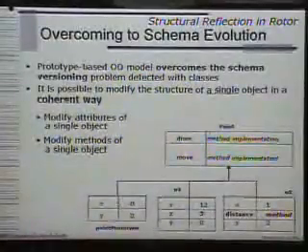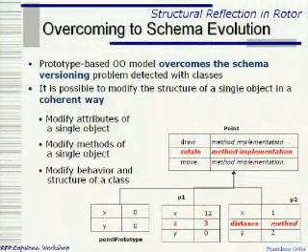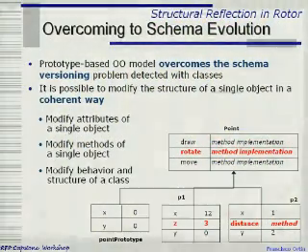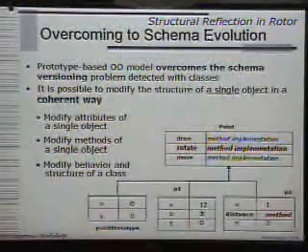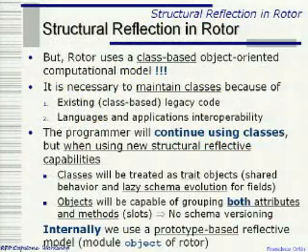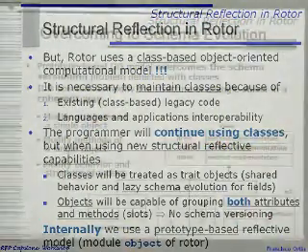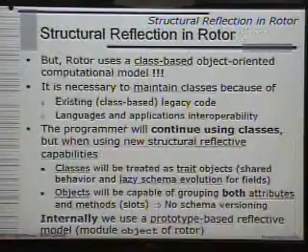The rest of instances do not understand this new message. Finally, we can also modify the behavior of the instances by placing the new methods inside of the trait object. So we've seen how a prototype-based object model overcomes the schema versioning problem detected with classes when we are using a structural reflection.